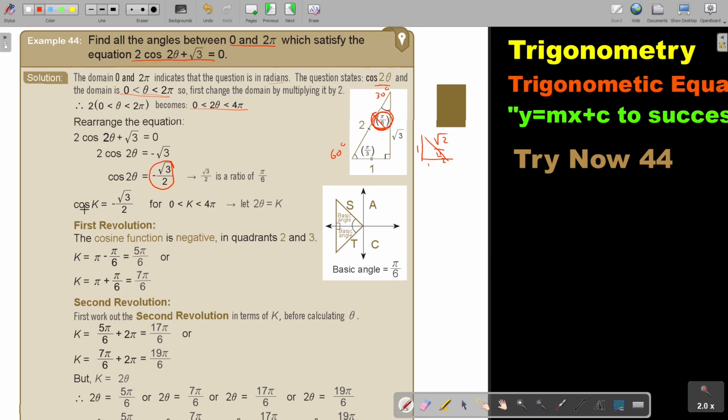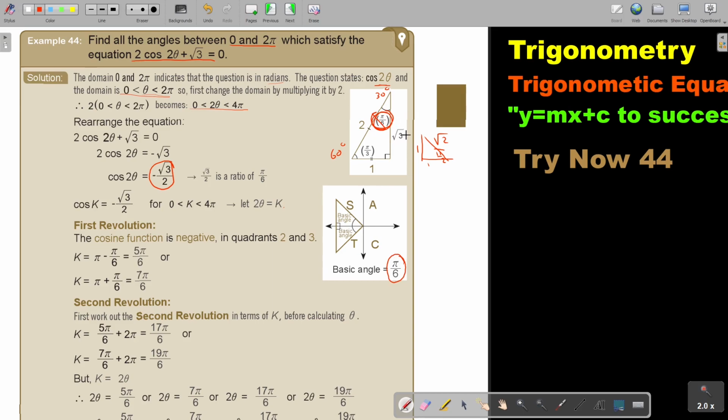Let's make it again k. Let 2 theta be equal to k. So cos k is going to be negative square root 3 over 2 for k between this, the first revolution. As I said, the basic angle will be pi over 6.